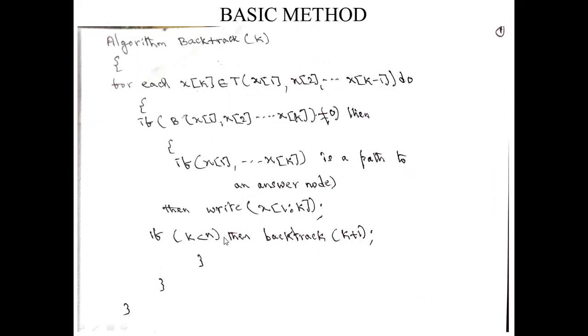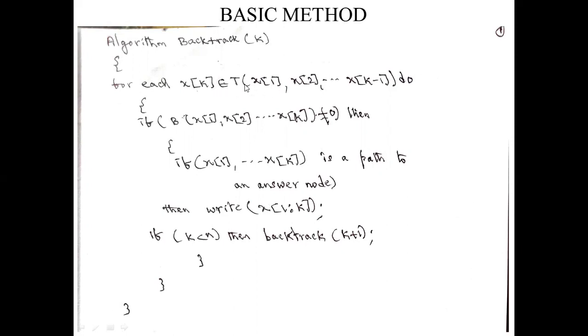Otherwise, if k is still less than n, because our target is to calculate the n element solution, then apply the same procedure at k plus 1. Go to the next element selection and apply the same backtracking procedure, and try to include that particular k plus 1 element.